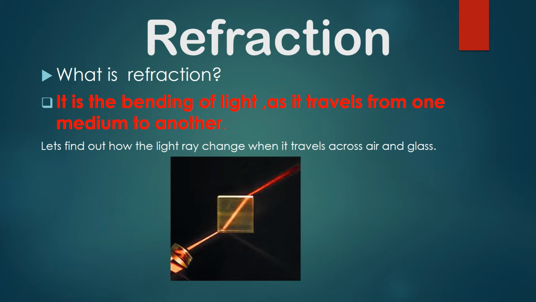So, there is a bending of light when the light ray travels across air to glass. So, my dear children, what is refraction? It is the bending of light as it travels from one medium to another medium.